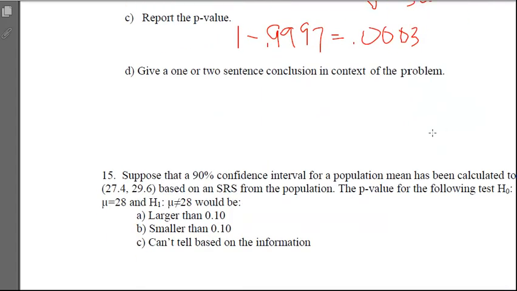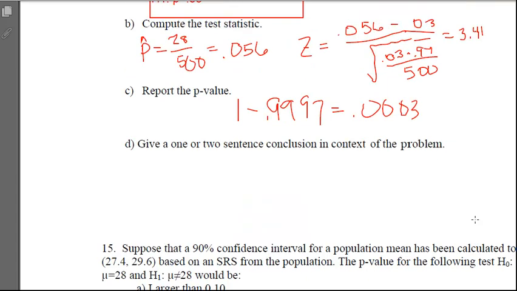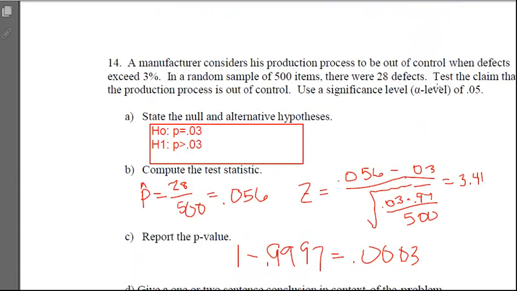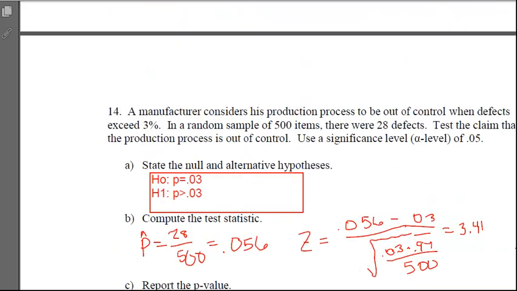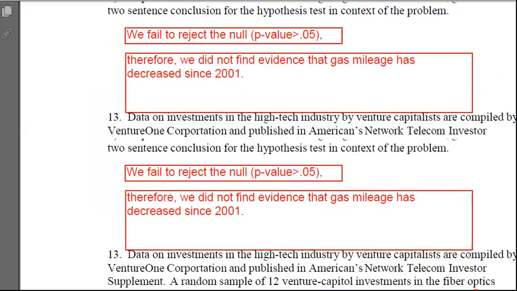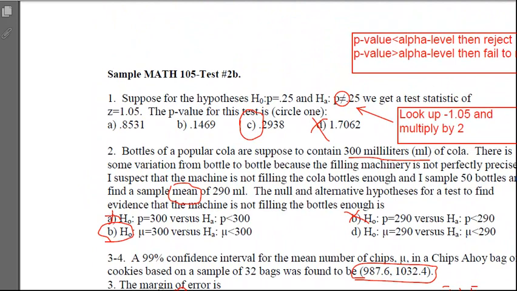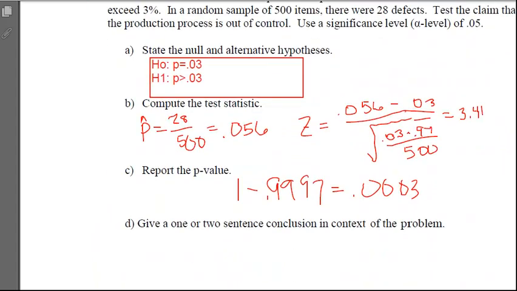All right, so the final time, we are interested in answering the question of whether or not the production process is out of control. Same thing as exceeding 3%. If you go to the very top of the test, we're going back here again. The number of times we go back here during this test tells you how important it is to know that. But our p-value is less than the alpha level, so we can reject the null.